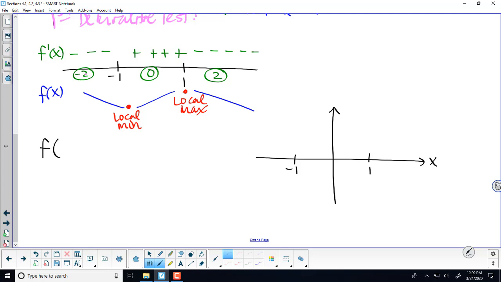Let's just substitute those critical points into the function. And when I plug those into my function, I get at -1, I get -1/2. So I've got this point here. And at +1, I get +1/2. Okay, so here are those points on the graph, or those are my critical points.